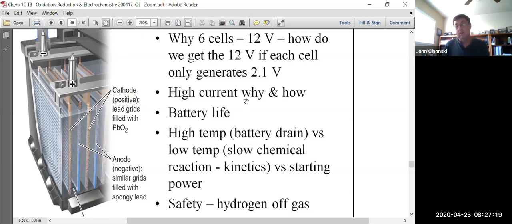Well, power, like we talk about watts, 100-watt bulb, power is equal to voltage times current. So to get the power that you need to start the car, you have the 2.1 volts, and it turns out it needs to be that 400 to 500 amps, and you will see batteries with ratings of up to 600 amps that you could buy off the shelf.